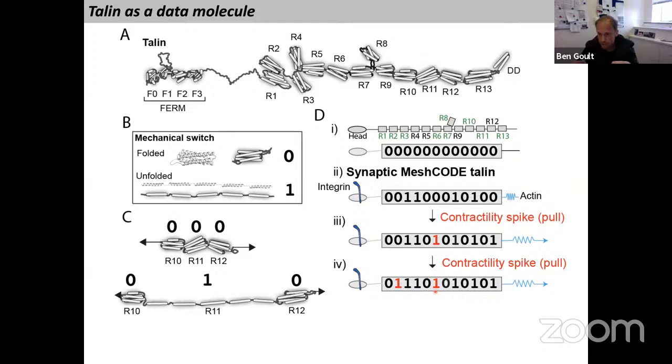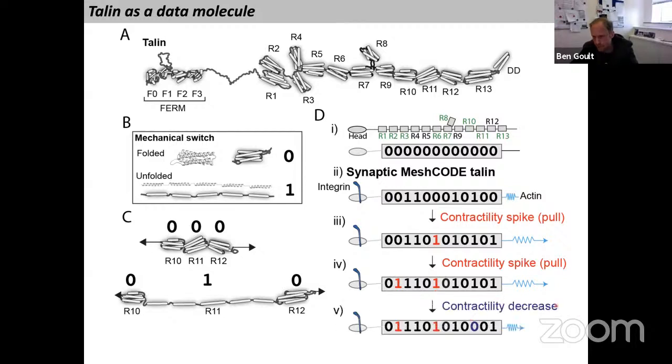So this is a constantly updating way to send information forward in time, because the shape of these molecules and the signaling complexes which assemble is a function of what's already happened and what's happening going forward. And this can be constantly changing back and forward as a function of alterations in the contractility through these signals.